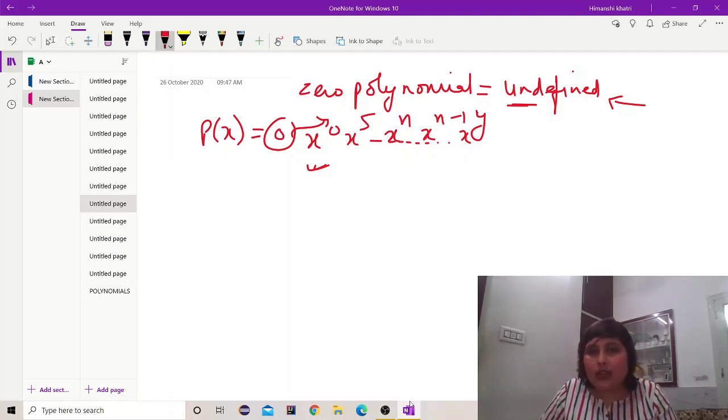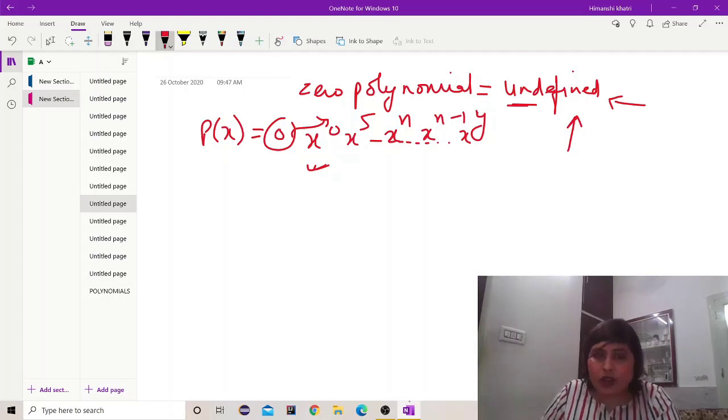So we cannot define the number of variables, hence we cannot calculate the degree, hence the answer is undefined. Is it clear? So remember that the example of a zero polynomial is 0 itself, and its degree is undefined.